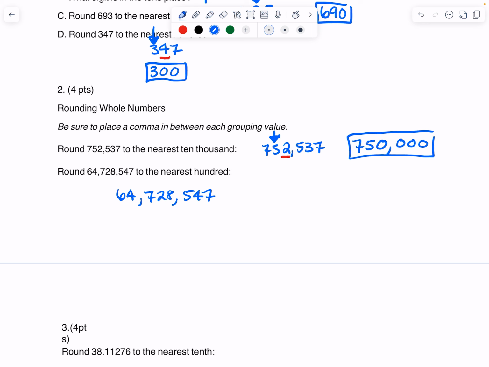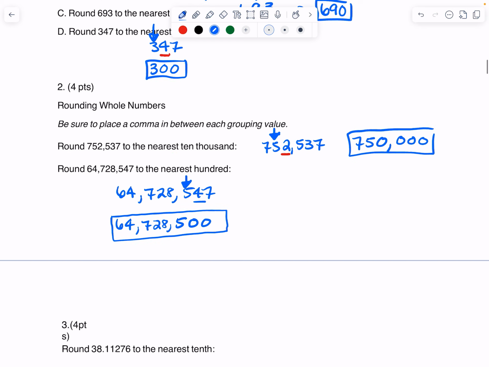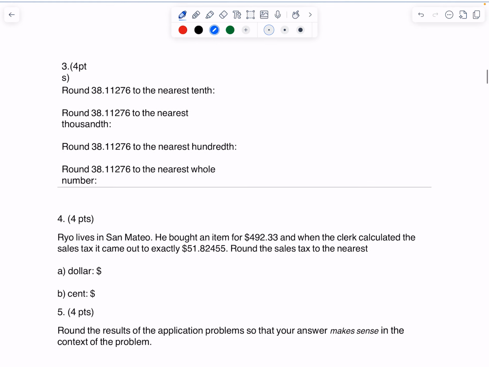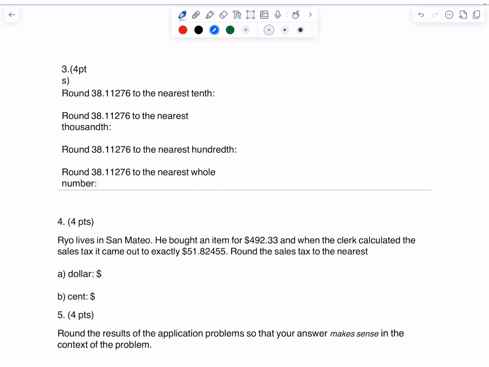So I'm going to put an arrow over the hundreds place, which is a 5. I look at the digit behind it. It again is a value less than 5. So what I'm going to do is write 64,728,000, and then I'm going to put zeros after that 5 to get 500. So the answer is 64,728,500. That's number 2.